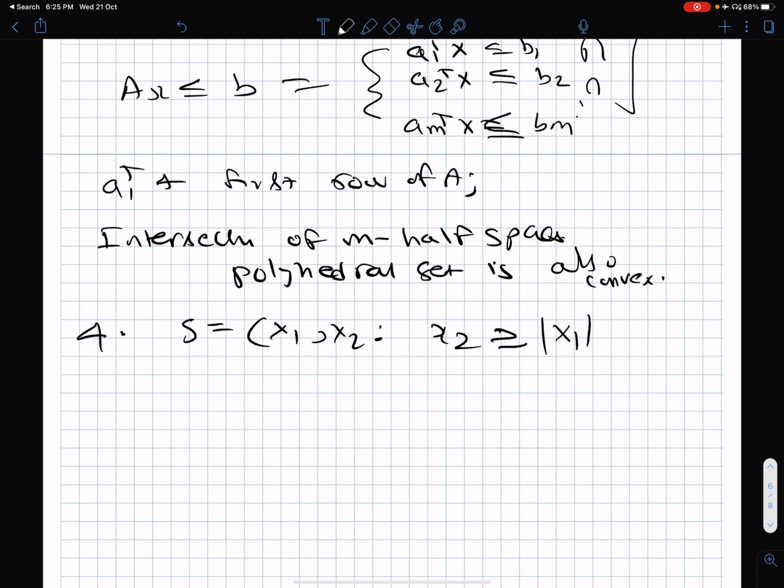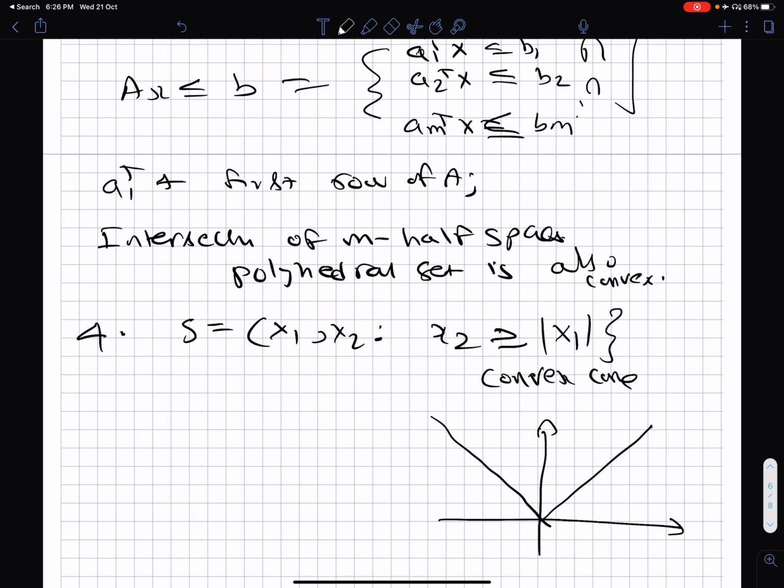This is actually what is called a convex cone. So I have x2 greater than the mod of x1.